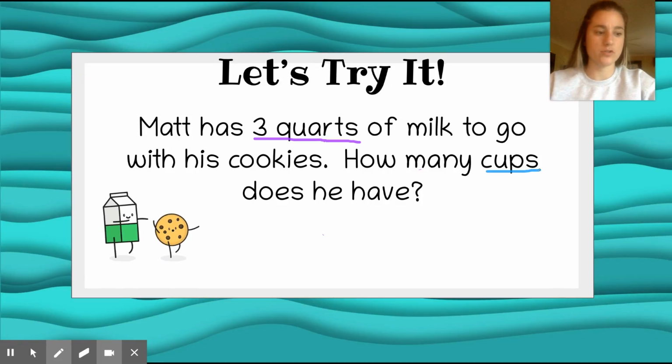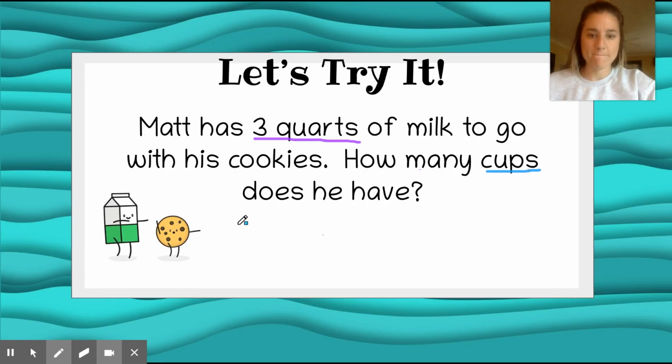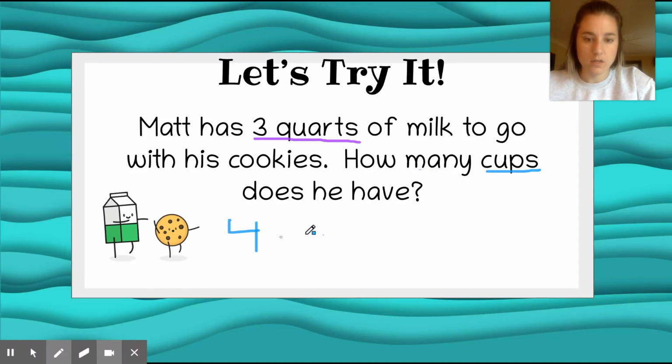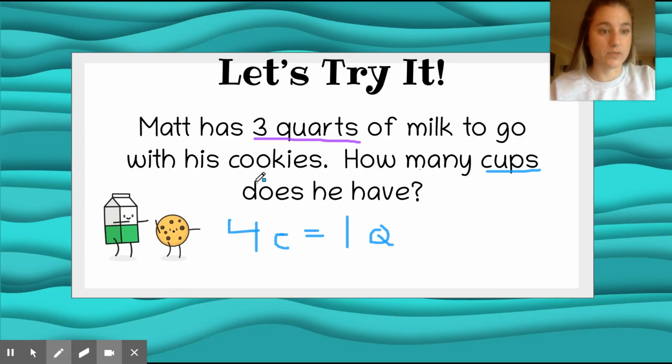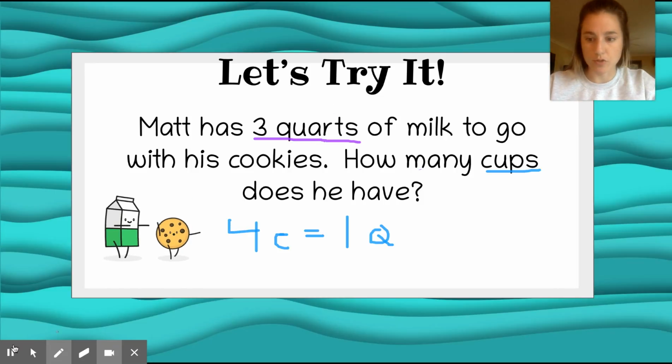If you have your chart, 4 cups equals 1 quart. So I have to do 3 times 4 equals 12. So he has 12 cups. And I would show all my work. This pen is really slow and I don't want to make this video any longer, but when you do this, you know you will show your work.